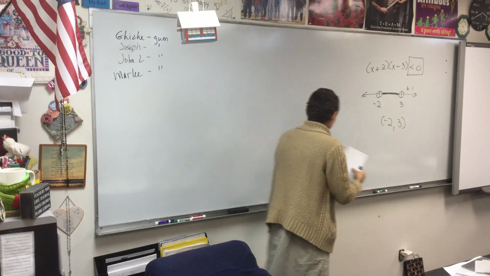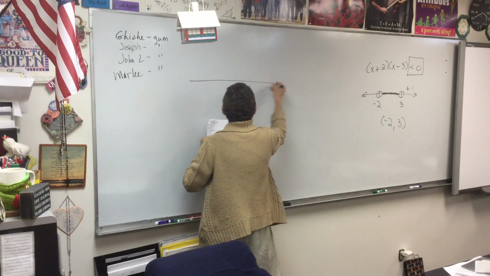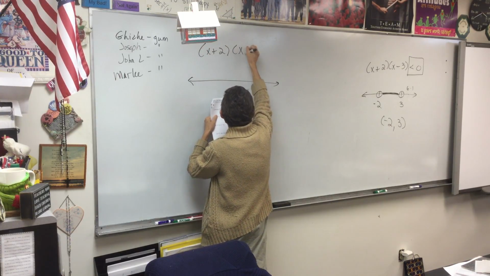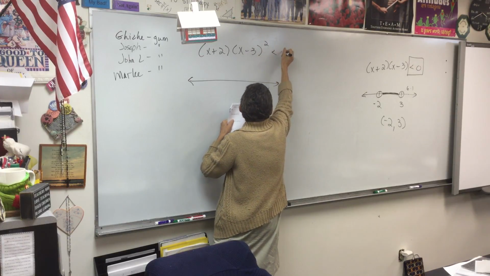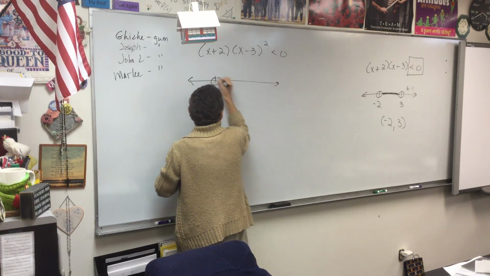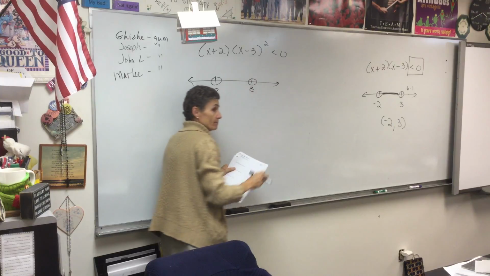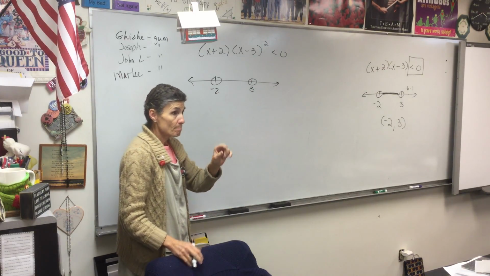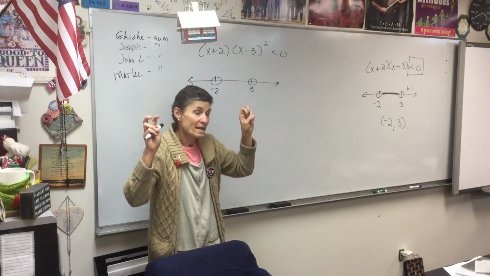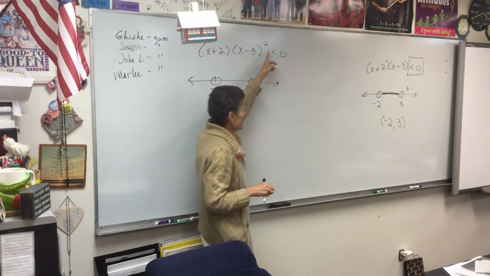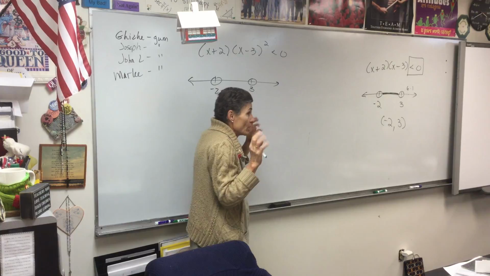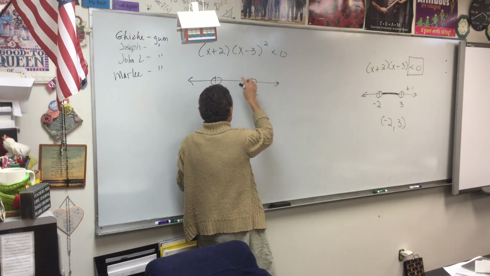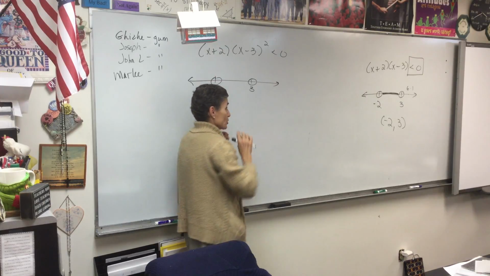So when I do problem number 2, I'm going to put dots on the number line again. Where are the dots going to go? They're going to go at -2 and +3 again. But this time, because this problem is weird, it has a squared in it, so it's different, it's odd, I have to physically check every section.